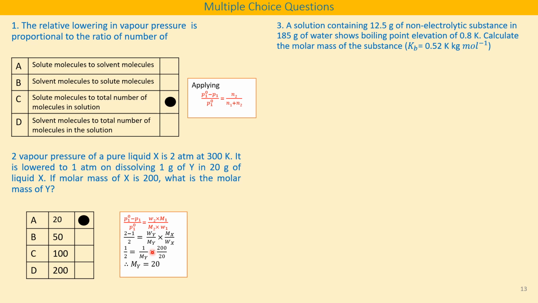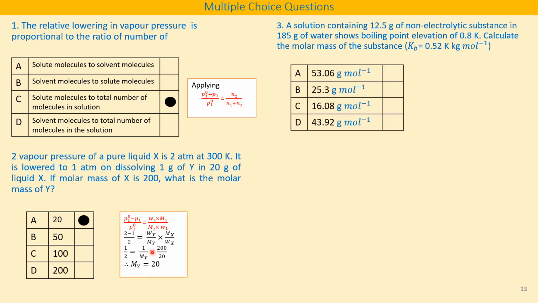And it is given that boiling point elevation constant is Kb equals 0.52 Kelvin kg per mole. Four options are given which appear on the screen.